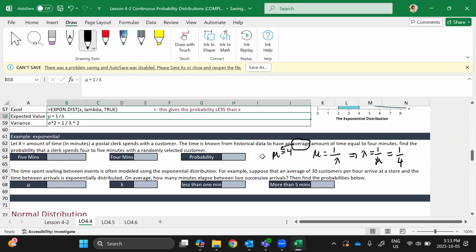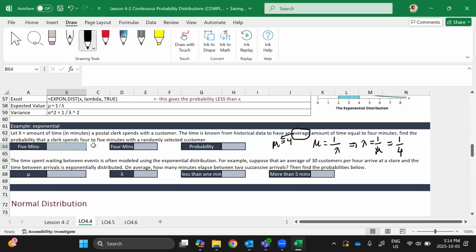Then we're asked for probability between two numbers, the probability the clerk spends between 4 and 5 minutes. So to break this down, to make the question a bit easier for you, I've broken it down into a number of steps. Let's say we want the probability that they take 5 minutes. We would start with expon.dist, 5 minutes, lambda of 1 over 4, and cumulative set to true.